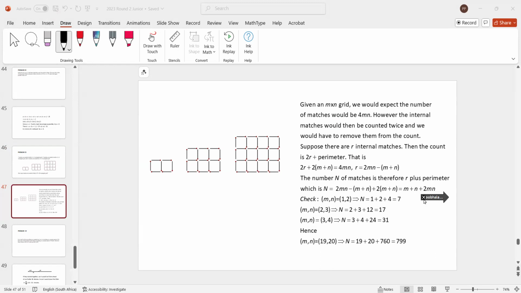Oh, you had to add m plus n plus 2mn. So it seems that this is the right one here. So you get 39 m plus n plus 760. Okay, that seems to be the right answer. Sorry about that. Okay, now let's just get on to the next problem.